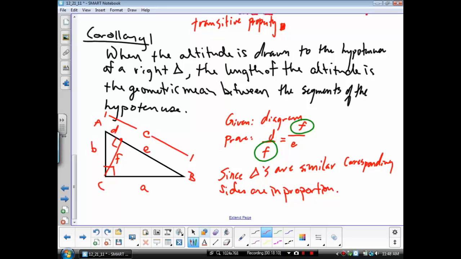And if I look at F and E, they are both on this other part of the original triangle, right? So D and F are the short leg and the long leg of the smallest triangle. F and E are the short leg and the long leg of the other half of the original triangle.